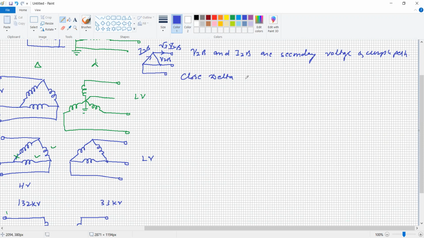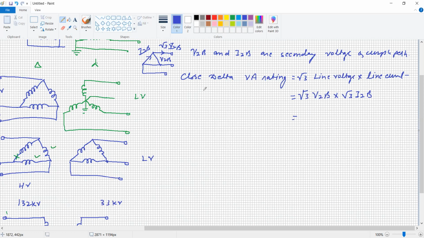So in the closed delta, the VA rating is equal to √3 times line voltage multiplied by line current. The line voltage remains as it is, V2B, whereas the line current becomes √3 times I2B.